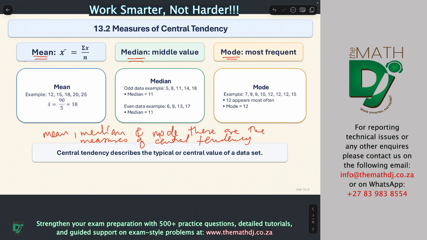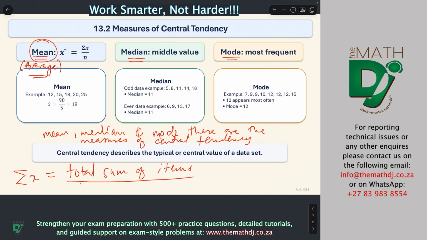So mean, some may want to call it average, but in statistics we normally refer to it as mean. Remember, mean is the total sum of items over the number of items.